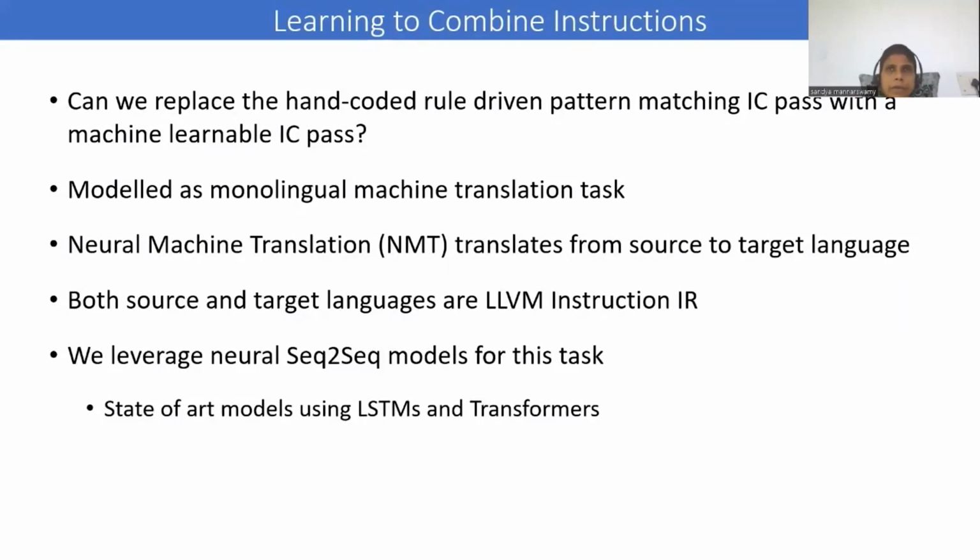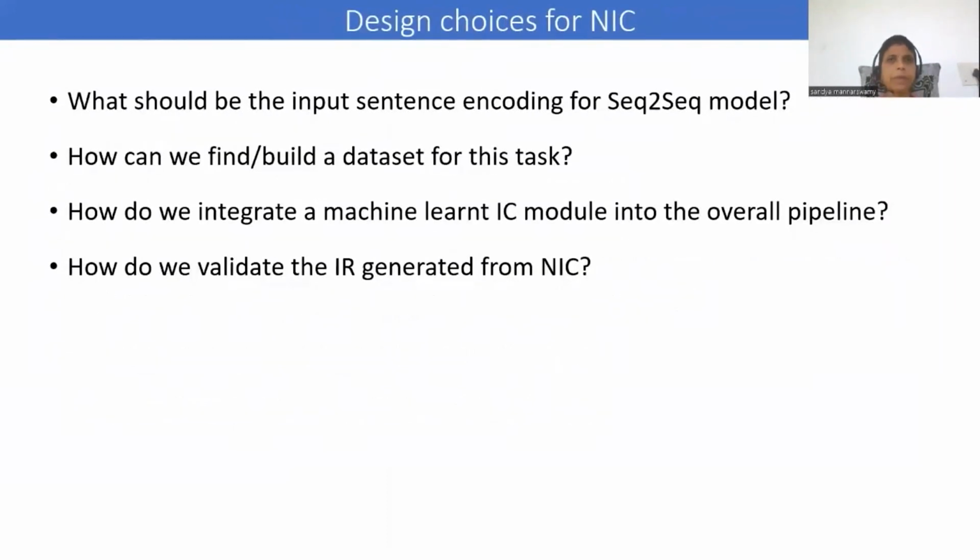And we leverage sequence-to-sequence models, which are state-of-the-art models for neural machine translation tasks, for learning to combine instructions in the LLVM compiler. We talk more about this in subsequent sections of this talk.